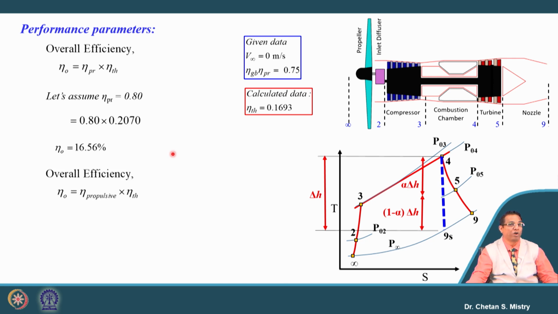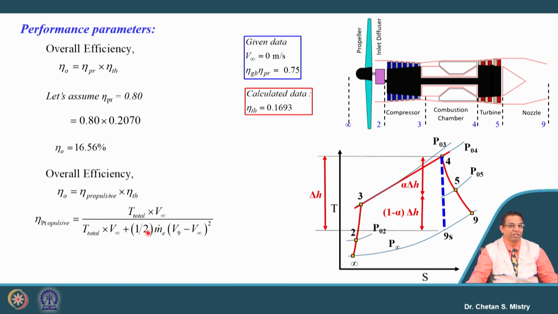Now as we have discussed, there is another way also. The overall efficiency can be calculated as propulsive efficiency times thermal efficiency. The propulsive efficiency is T total, the total thrust generated by the engine, times V infinity, divided by the change of kinetic energy. This is by our physical definition, which we discussed in week 1.